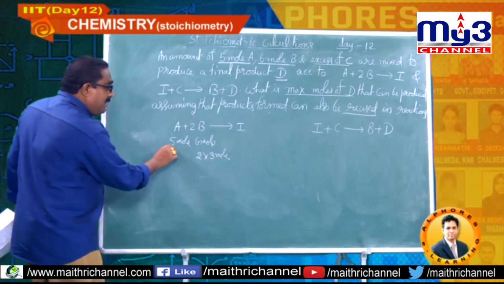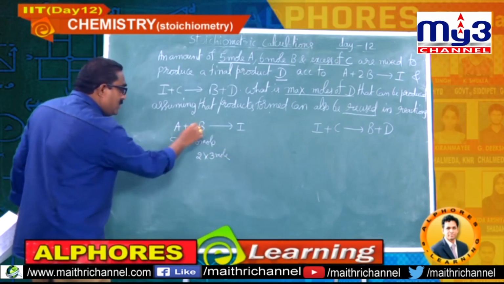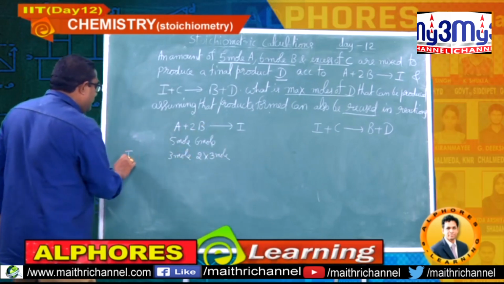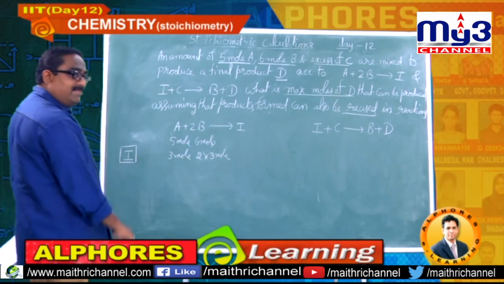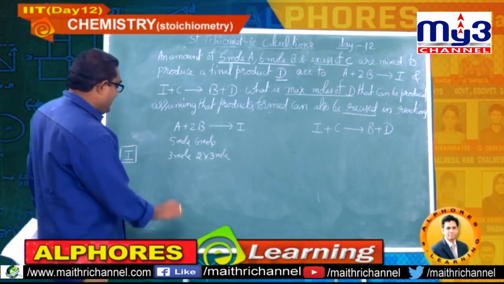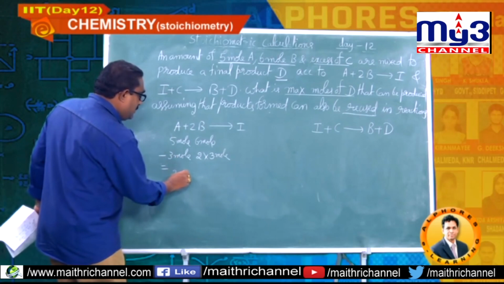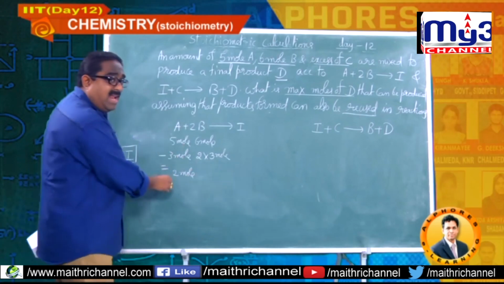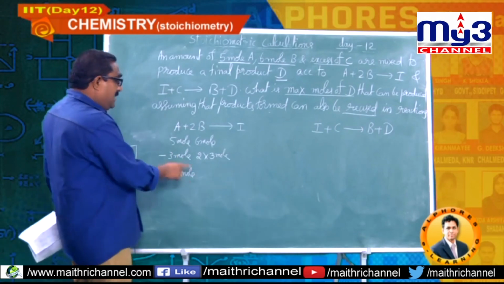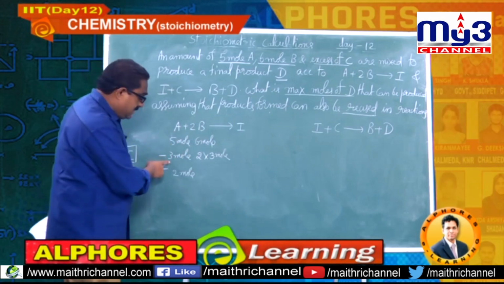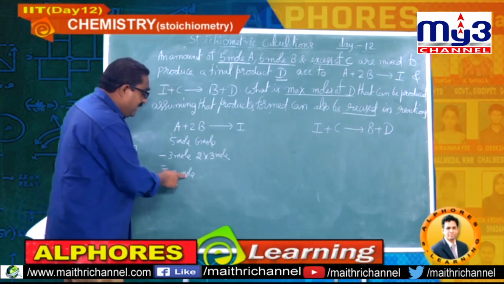So here 3 mole is involved in the first reaction. First stage I am writing. Concentrate. How many moles will be left? Again 2 moles of A will be left, because here B is completely consumed, A is present in excess. How much excess? That is left is 2 moles.